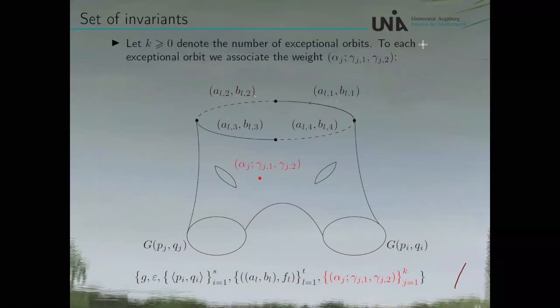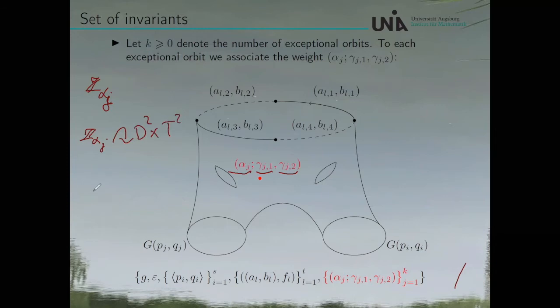And in the end, we have this weight. This weight is related to the exceptional orbits. So this alpha j is the isotropic group, and this gamma j1 and gamma j2 is related to the action of alpha j on D2 times T2.